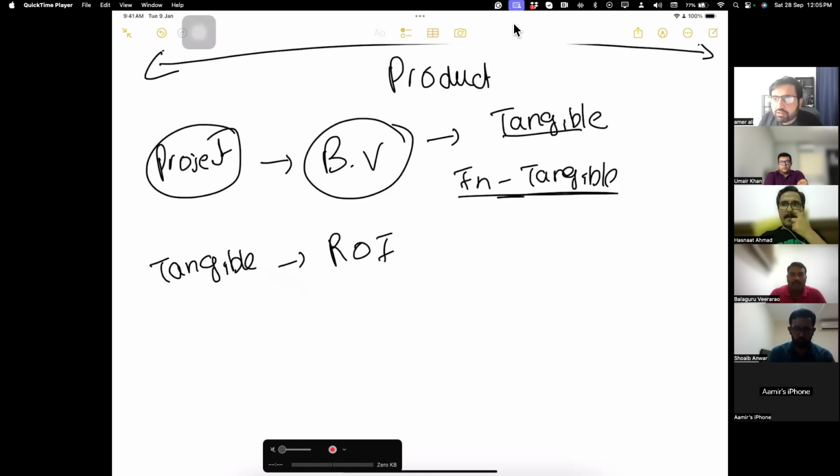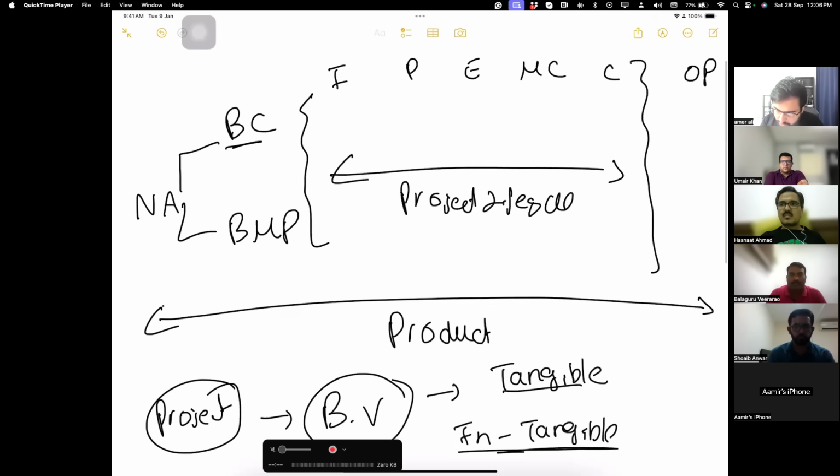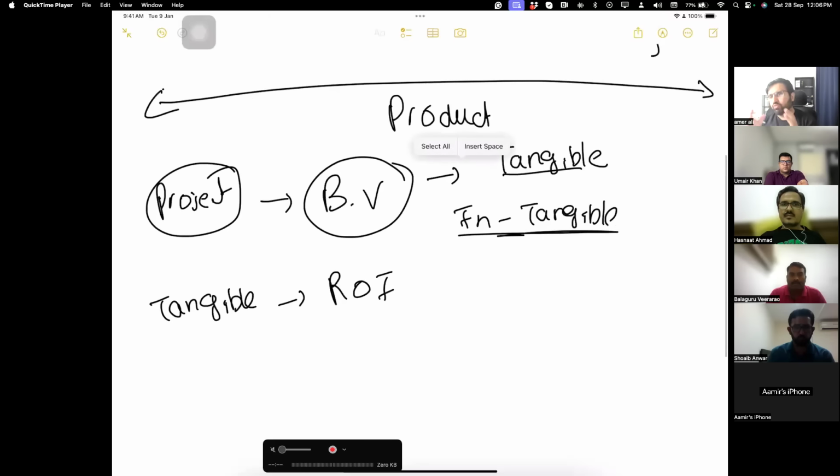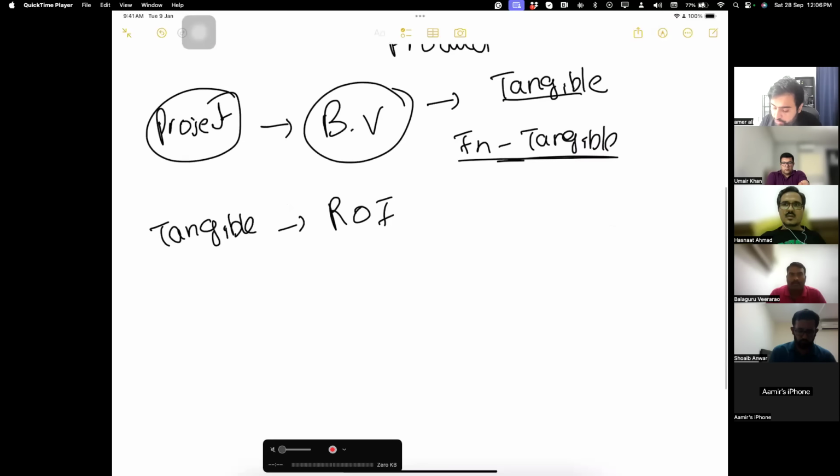That is your tangible things that you can easily measure. ROI is used all over the world, return on investment, how much money I am getting because I am spending some money. We also look into the benefit to cost ratio.